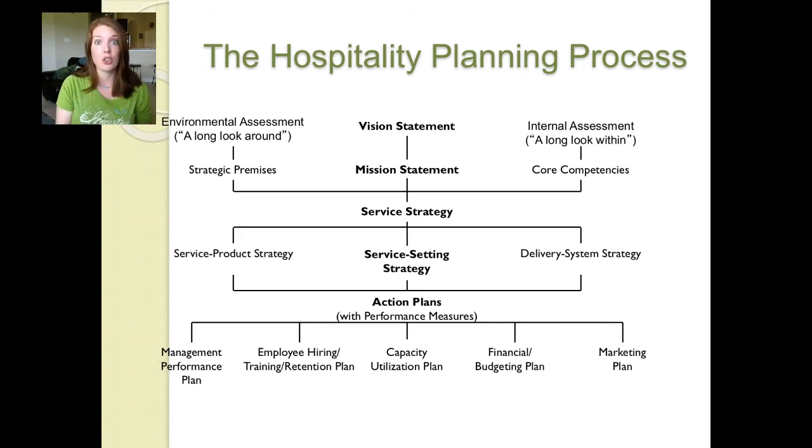Once you've set up this strategy and you've decided who you are, who you want to serve, what your core competencies are, and what your ultimate goal is, what you're trying to accomplish, you then set up action plans or a way to accomplish those goals. Action plans simply give you a way of measuring your success and making sure you're accomplishing that through specific steps.